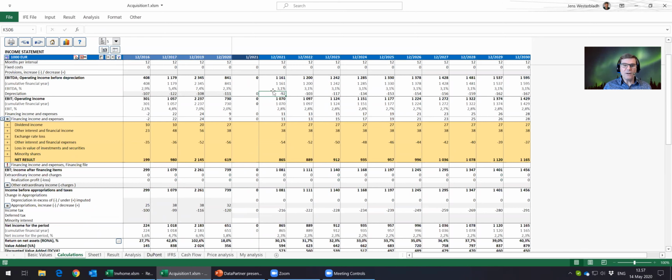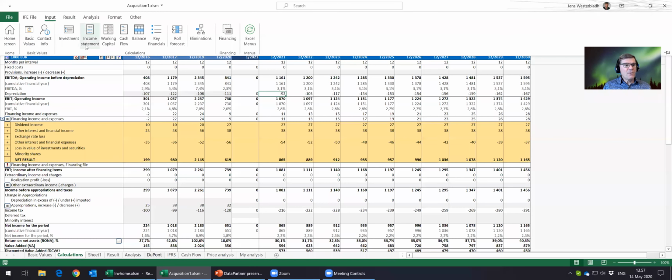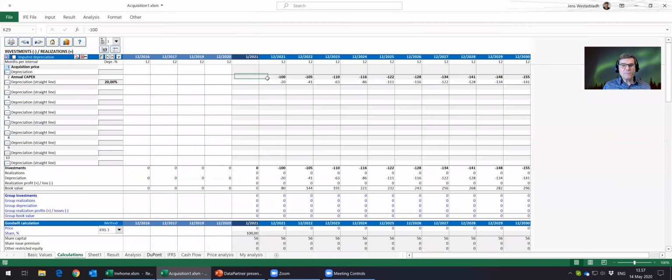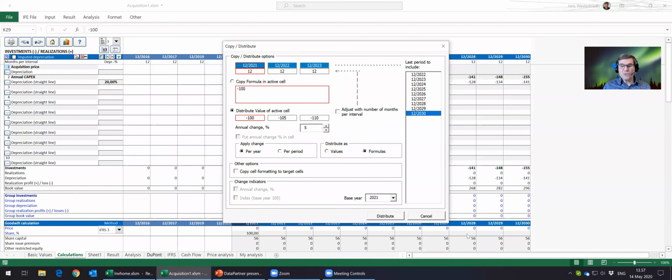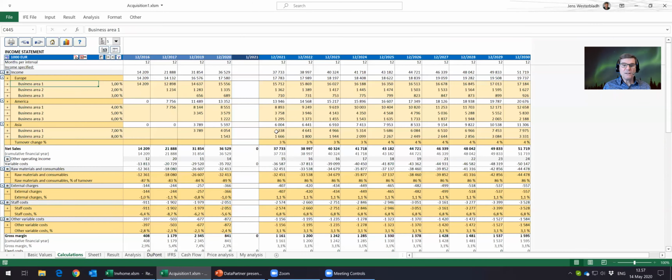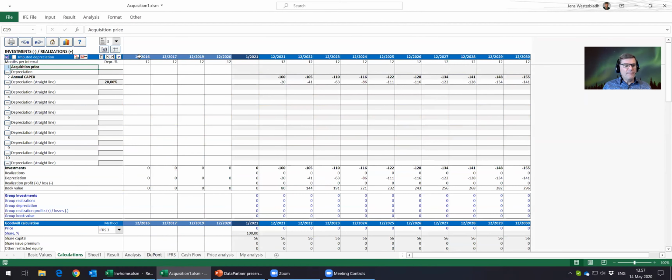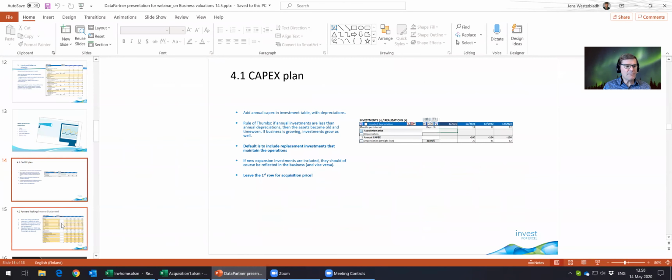We should have a higher depreciation percent in this declining balance to have a systematically continuing flow of depreciations. Okay, but that's some details. We settle for 100 euros and 5% growth, because we had a 5% growth also in sales. Well, not really. Okay, but we're investing a little bit more. That was investment table, CAPEX plan.